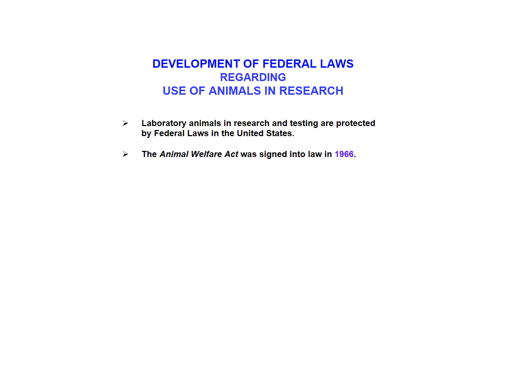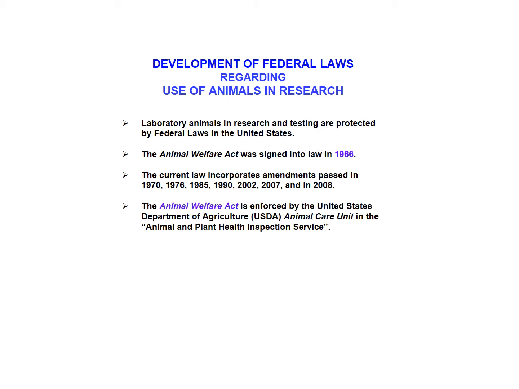The history of these laws started with the Animal Welfare Act, which was signed in 1966. There were subsequently various amendments which were passed in 1970, 76, 85, 1990, 2002, 7, and 2008.